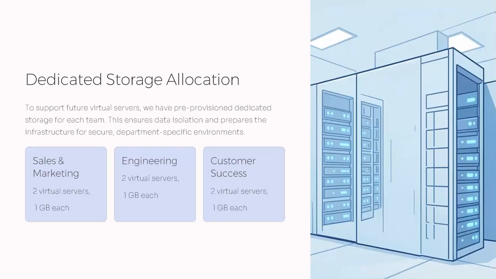And as you can see, the storage allocation, I'll give a breakdown of each storage allocation. For the sales and marketing, you can see that two virtual servers have been allocated with a volume of 1 gigabit each, and respectively for the other security groups.